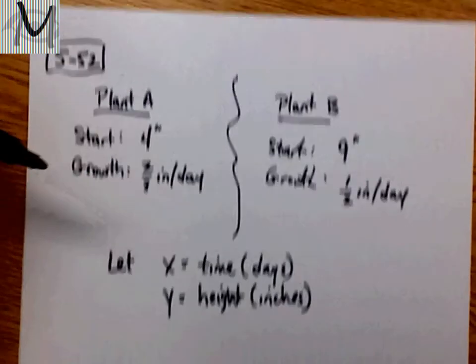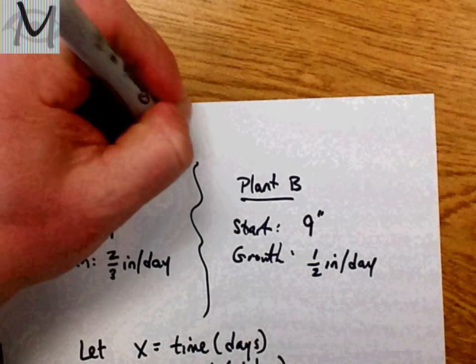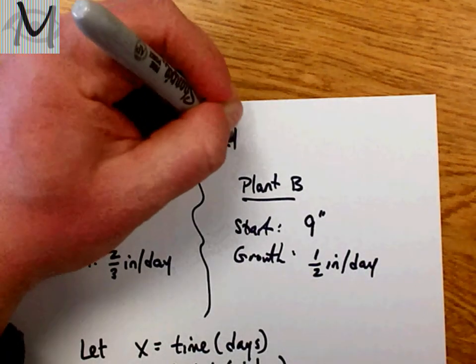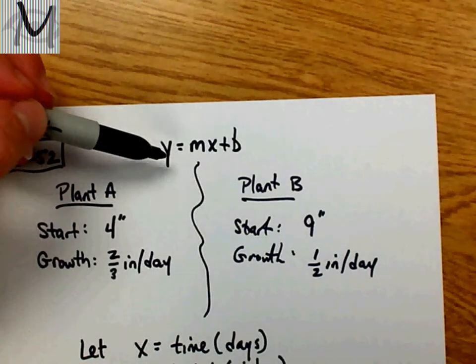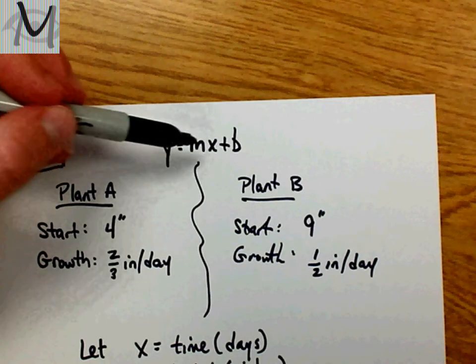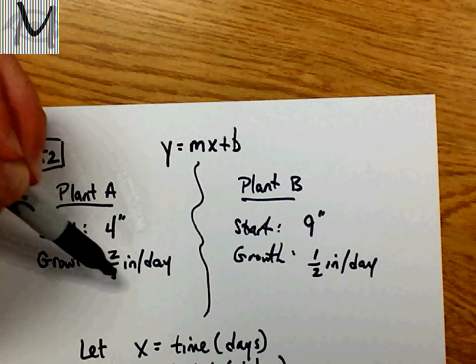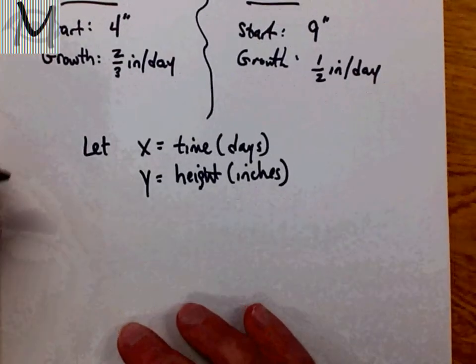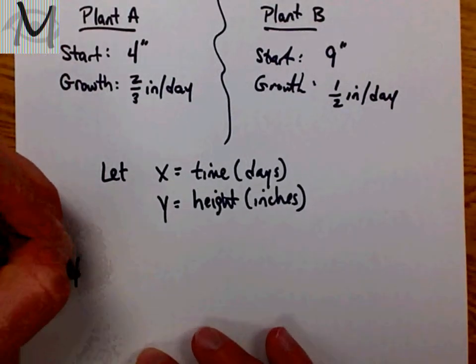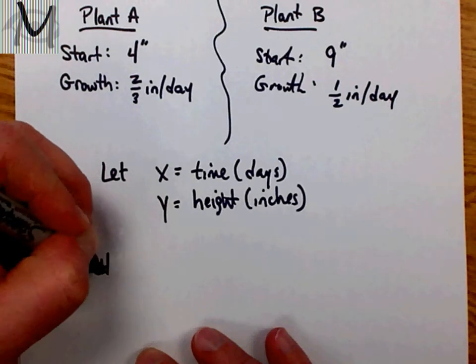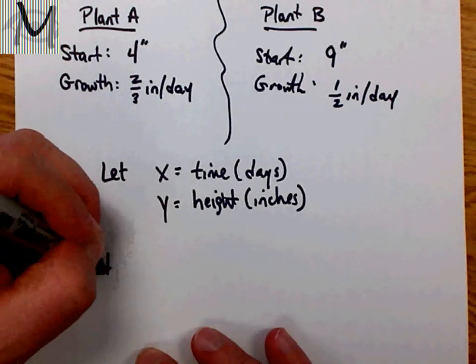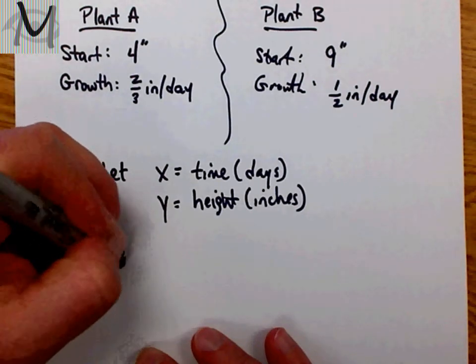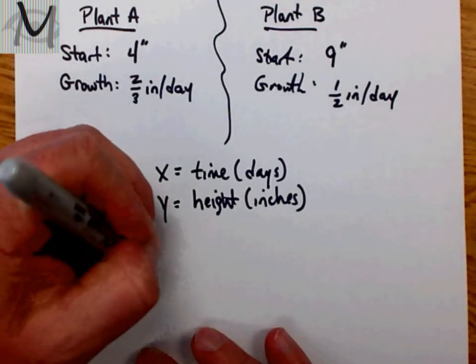So what we know is they're growing at a steady rate. So these are going to be y equals mx plus b, where remember m is the growth rate and b is the starting amount. So plant A is going to be y equals 2/3 x plus 4.